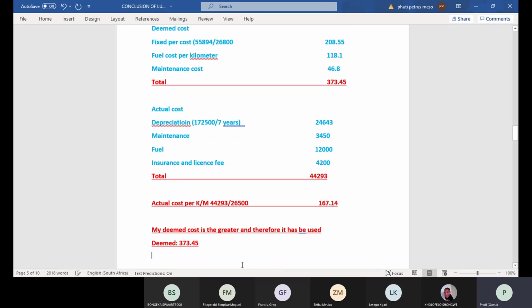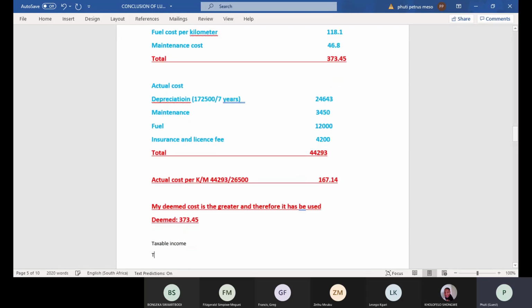Okay, taxable income to be calculated. You say my taxable income to be calculated will be, then you will say travel allowance. What do you do with the travel allowance? You remember the travel allowance that you received on a monthly basis, 3,800, and then you multiply that by 12.